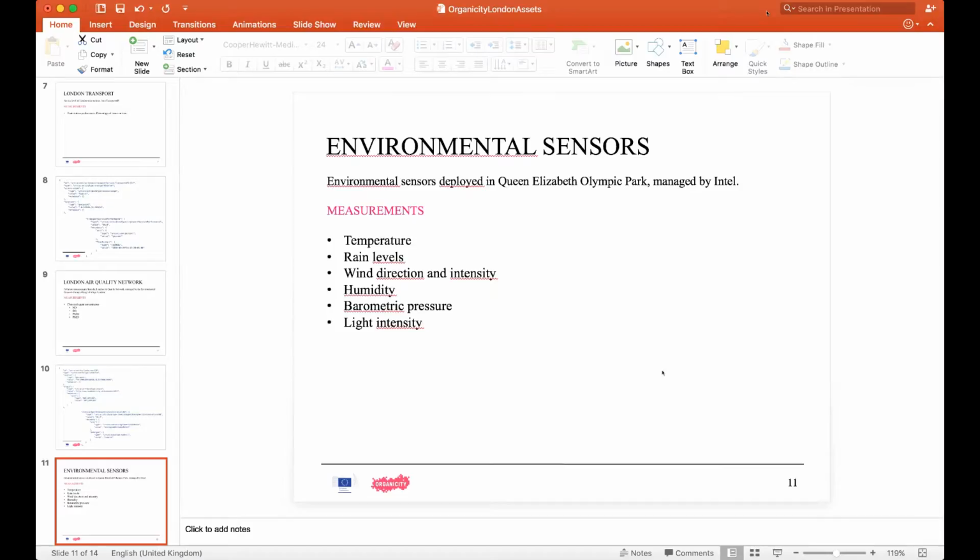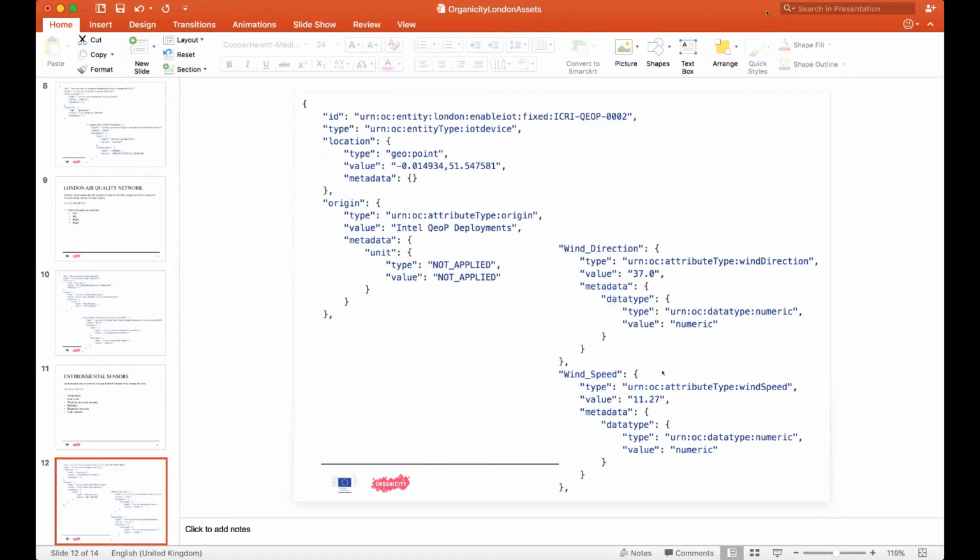And again, an example, the usual thing with the type and location, and we can see here, for example, there is wind direction and wind speed. Another observation is that we probably should have a better data type here to say what this measure means, but we'll update that.